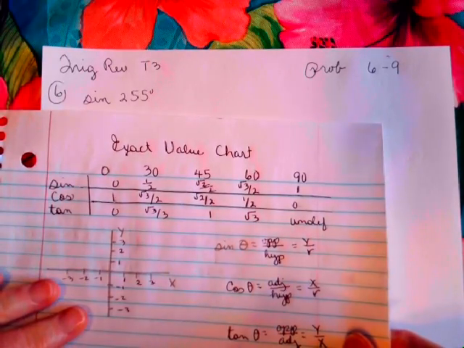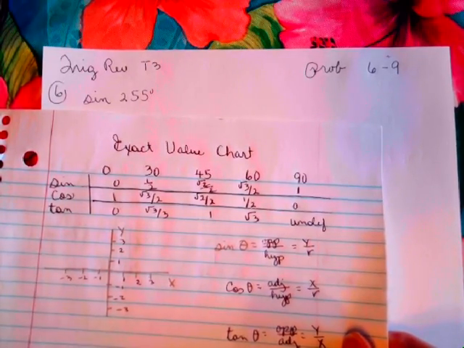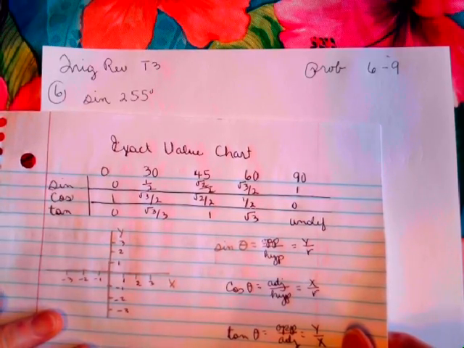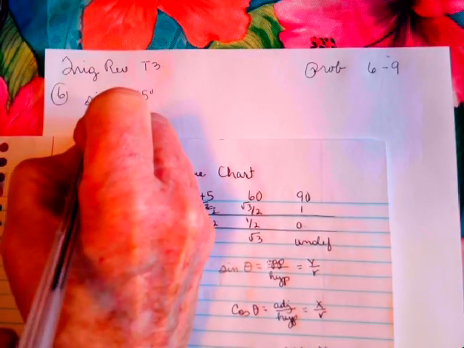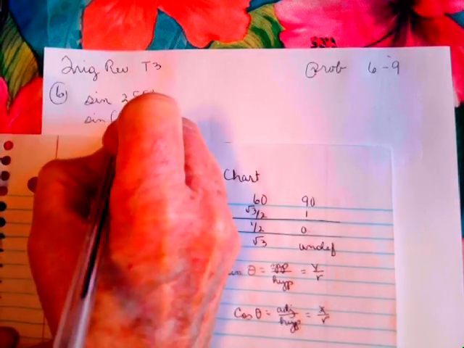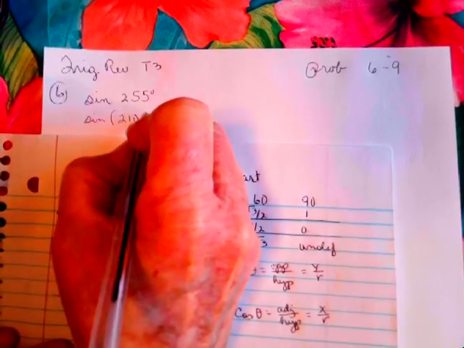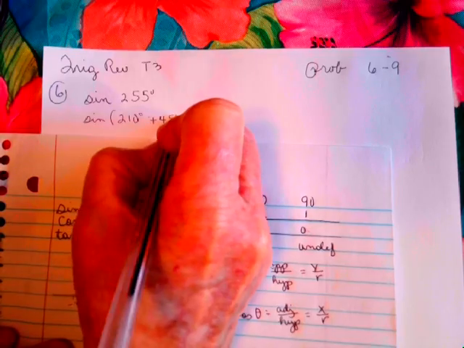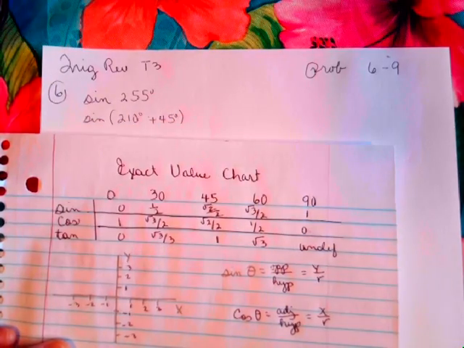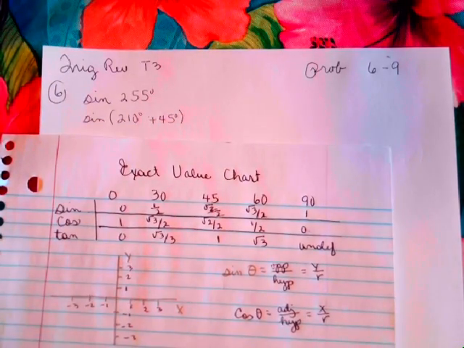Find two angles on the exact value chart whose sum or difference is 255 degrees. You know that if you add 210 plus 45, you're going to get 255.